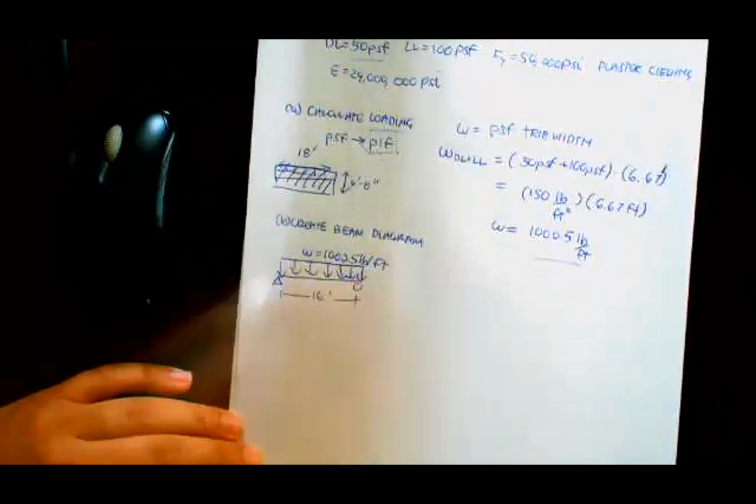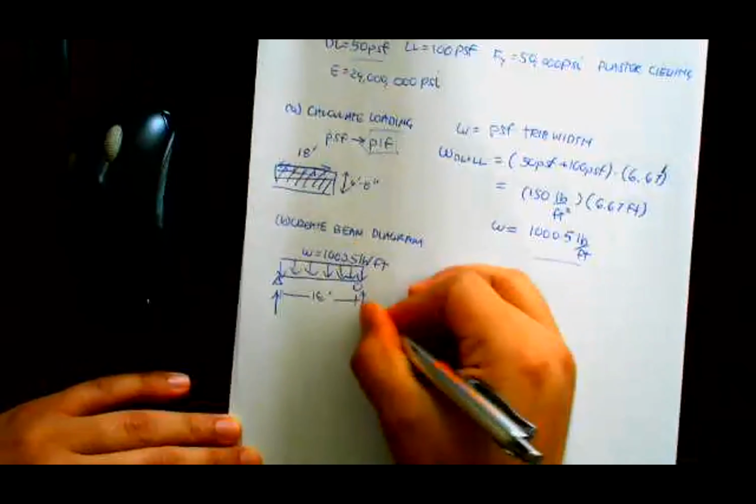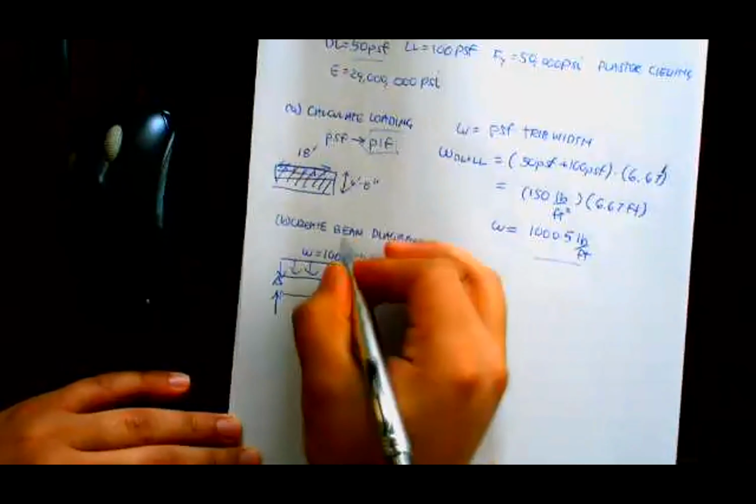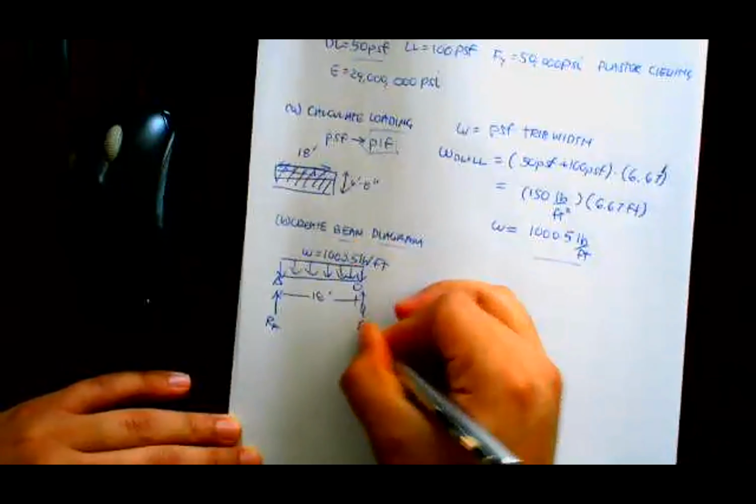I want to solve the end reactions. So my goal when I calculate the beam diagram is to know what is RA and RB.